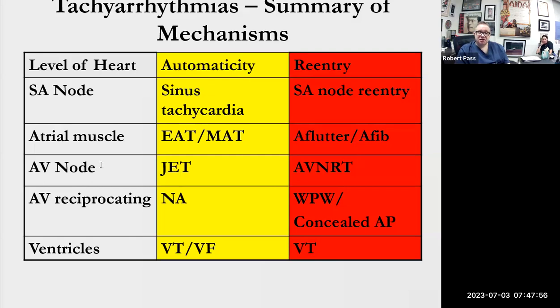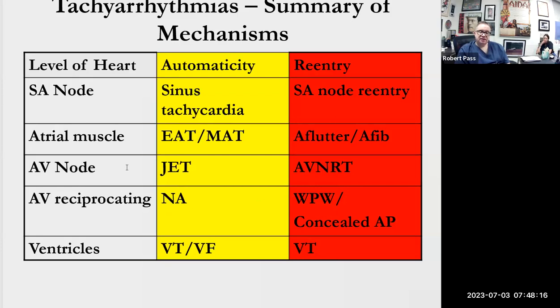Moving down to the AV node His bundle area, the most common automatic arrhythmia we worry about is JET from enhanced His bundle automaticity. And the most common reentrant arrhythmia is AV nodal reentrant tachycardia, an arrhythmia which we have not discussed this morning.